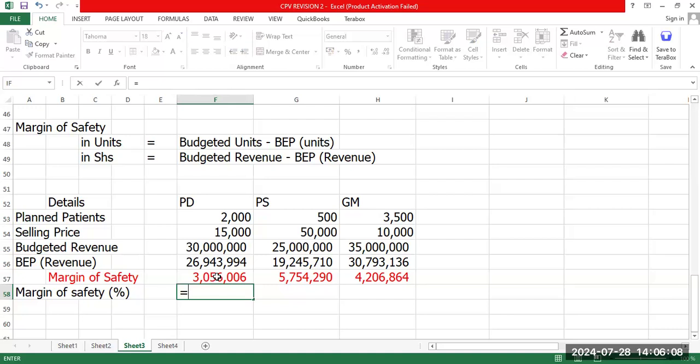So you get this. What is the total here? Do you know how we get margin of safety in percentage?